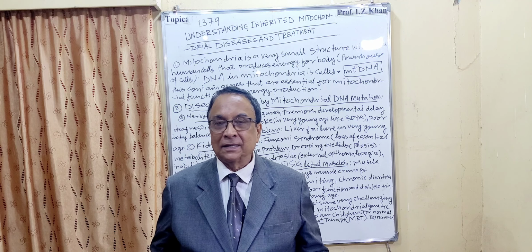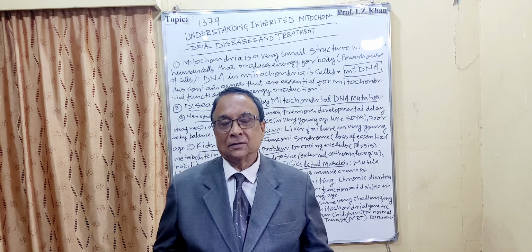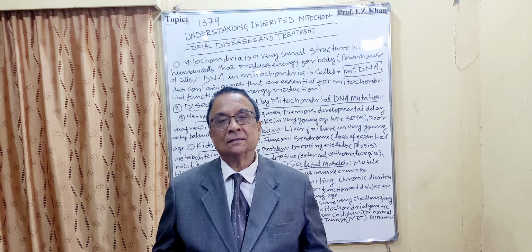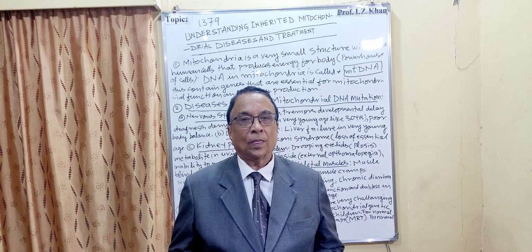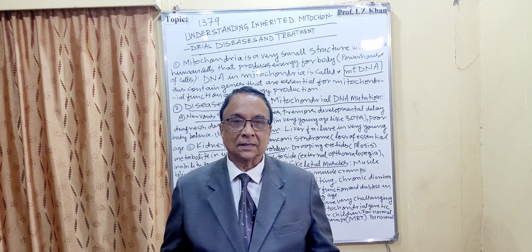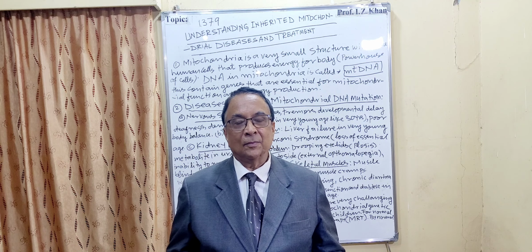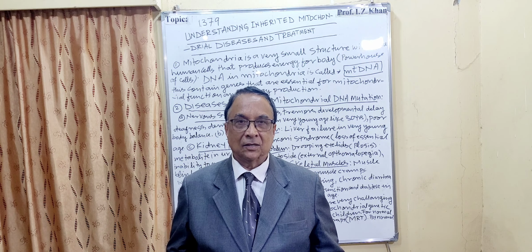So I have already written in the summary, it is a very serious and challenging disease that is due to mitochondrial genetic defect, and that can be replaced only by egg donation.